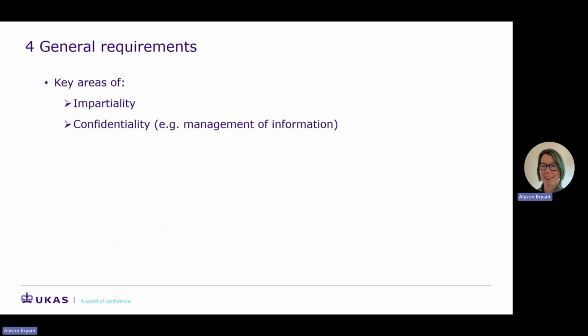Impartiality requirements relate to ensuring that services are delivered without any impartiality concerns. They're free from financial burdens, and they're free from conflicts of interest, or if there are conflicts of interest, they're declared and managed. Confidentiality is obviously critical when dealing with a healthcare service, which will have access to patient records and patient information.